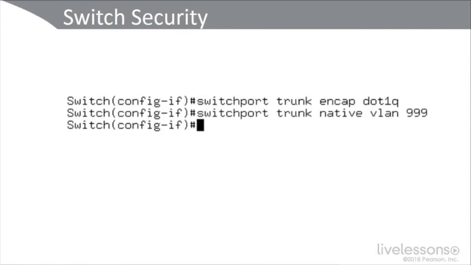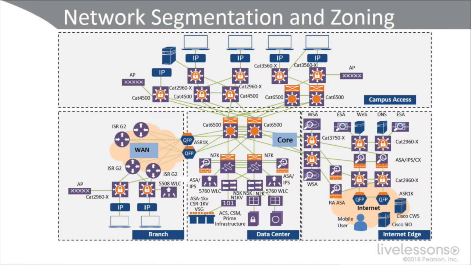So we want to make sure that the native VLAN of the trunk between these switches is not VLAN 1, and that they're both the same native VLAN, something besides 1. Okay, in this case, we're going to have both sides of the trunk with native VLAN 999. That's also going to prevent a double tagging attack for us. So, some advanced switch security techniques. And also understanding how your network is going to be zoned and segmented.